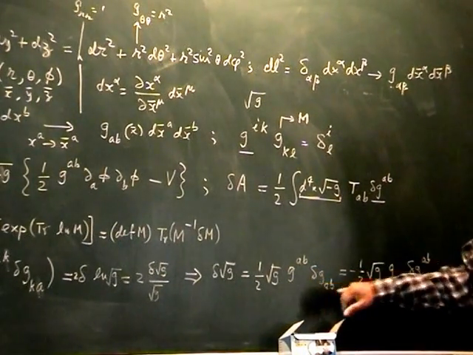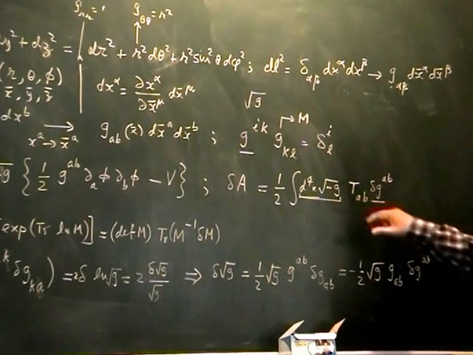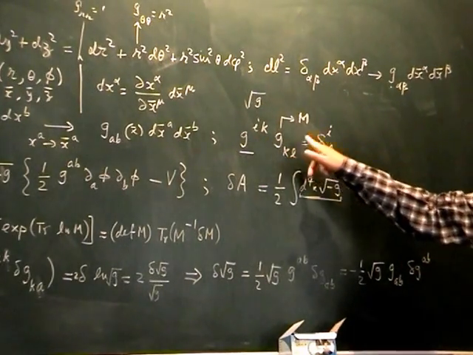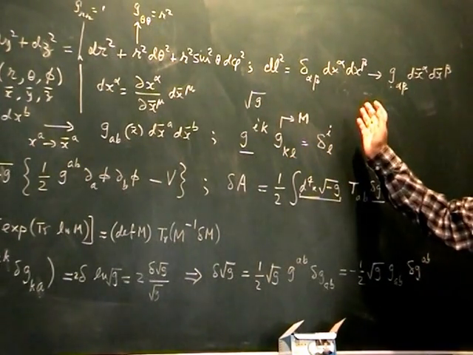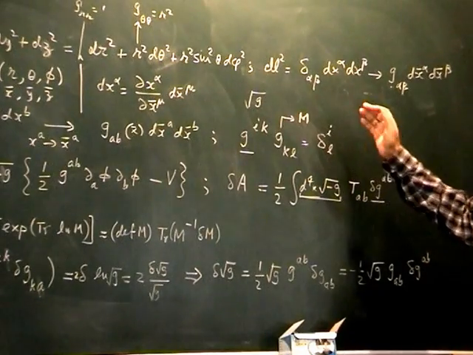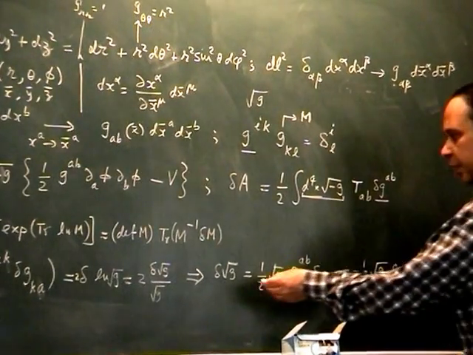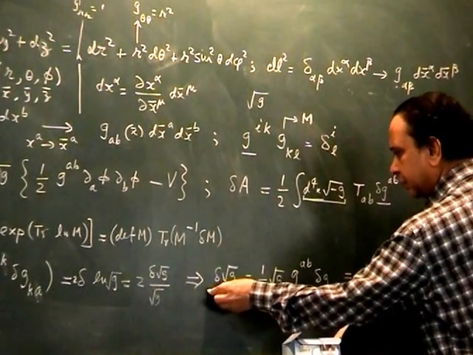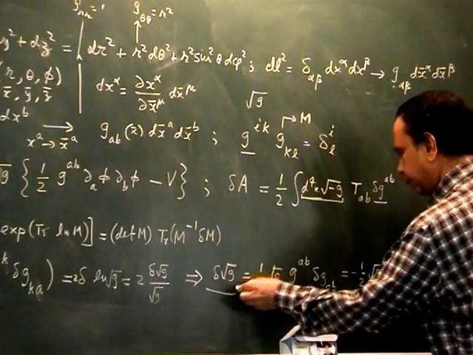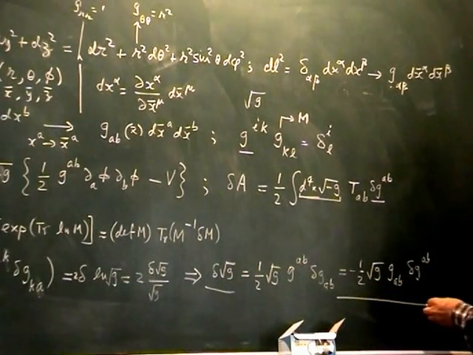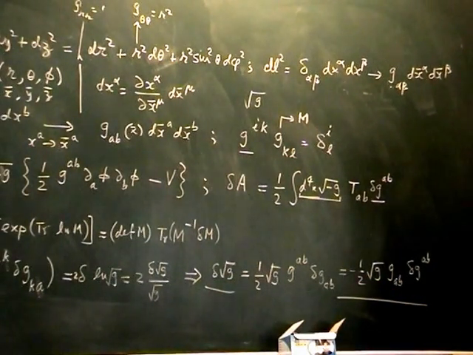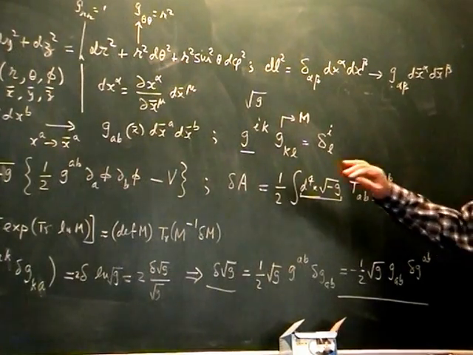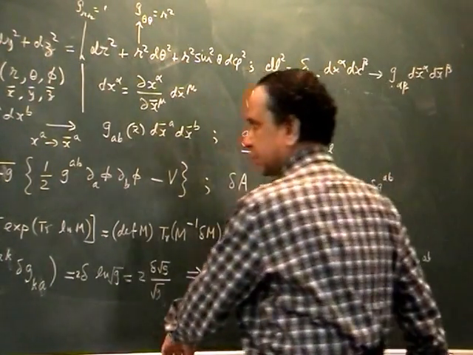That is because this quantity is minus of this quantity, since the total delta of this has to be 0. Right hand side is either 0 or 1, so the variation of that vanishes. So this is the result which we will need. Delta of root G is minus half times this quantity. Okay. Now let us go and plug this into this and see what happens.